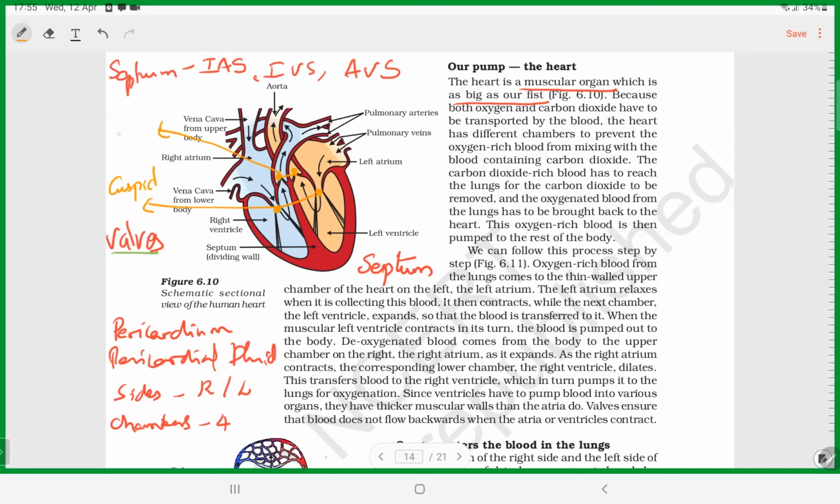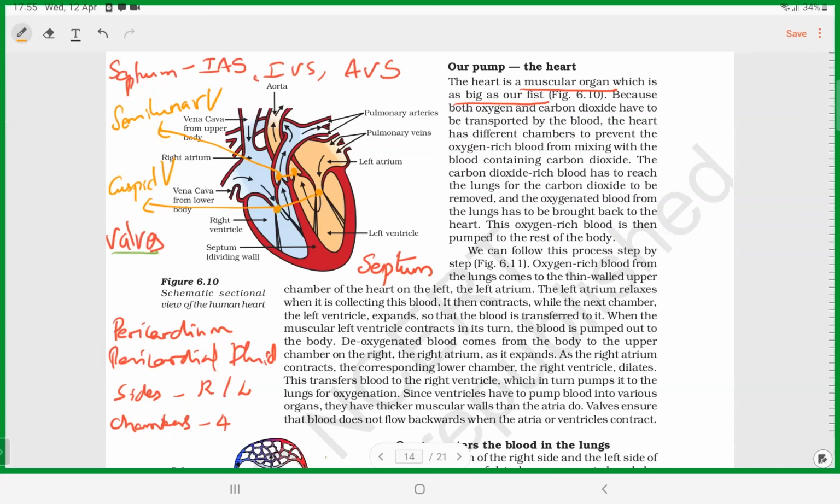They are called what? Semilunar valves. Just cuspid valve, semilunar valve. Is it clear?